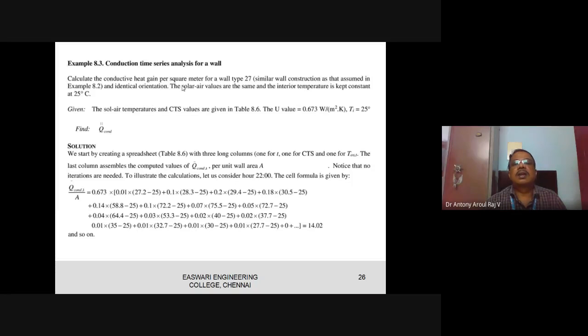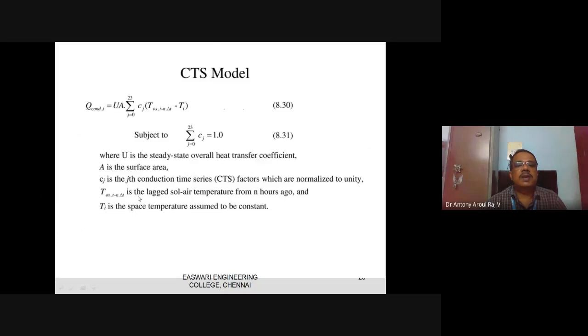How do we calculate? All the loads we take, and you segregate all the convection coefficients, which will be separated, and for each time step we calculate the radiative component. For the radiative component there will be a shift and a reduction, so that we calculate. This is the formula we use: for hour 1, hour 2, hour 3, hour 4, hour 5, like that we take.